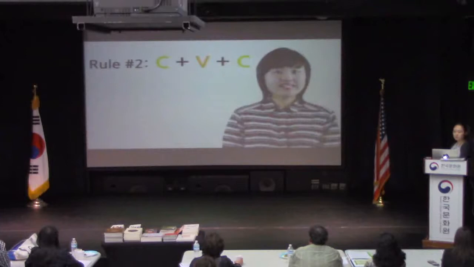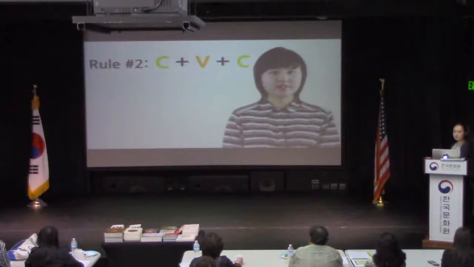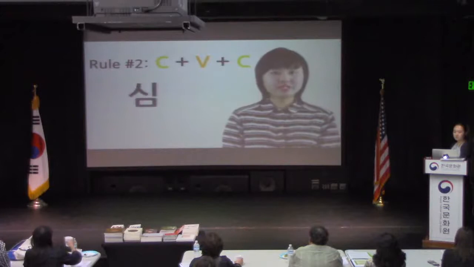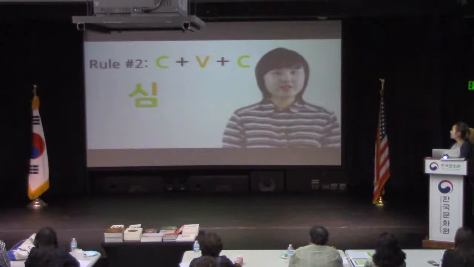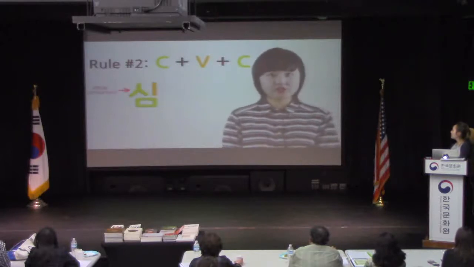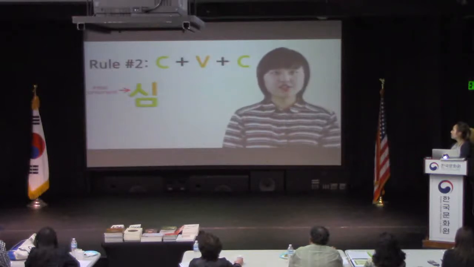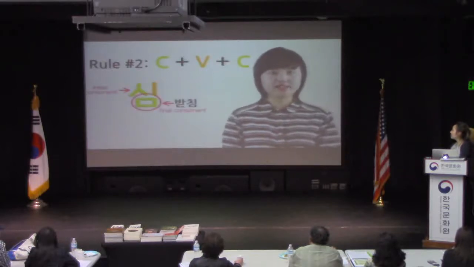Let's take a look at the second rule to make a Korean letter. It is to have a consonant, a vowel, and another consonant. A typical example of this letter is my family name, Shim. Notice that two consonants, Shio and Mium, are used. Because two consonants are used, to differentiate them in terms of their names, the first consonant is called an initial consonant, and the second consonant is called a final consonant.